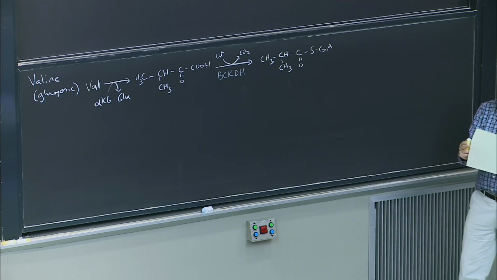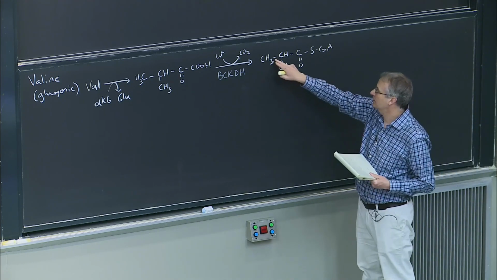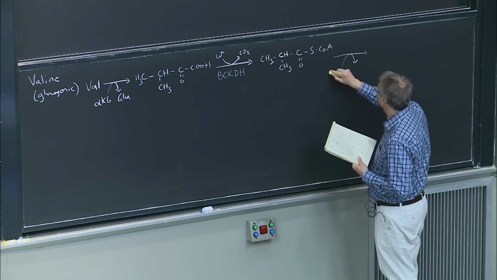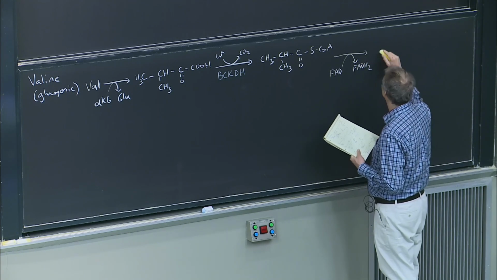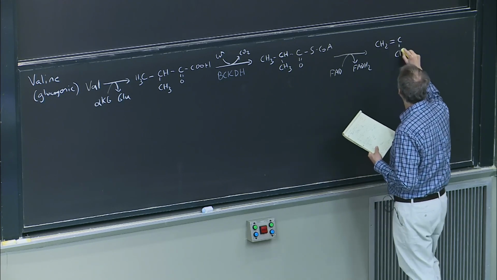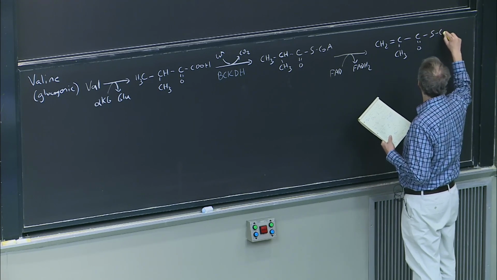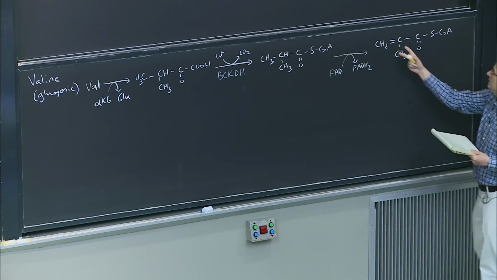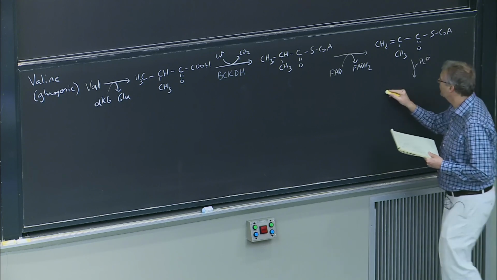Metabolize this branched chain acyl-CoA as if it's a fatty acid. And so first step, oxidize this carbon-carbon bond. The electrons go to FAD, make FADH2. Okay, get this product, add water across that double bond.